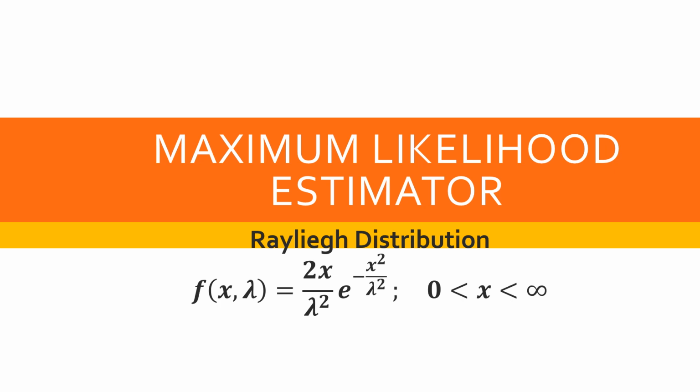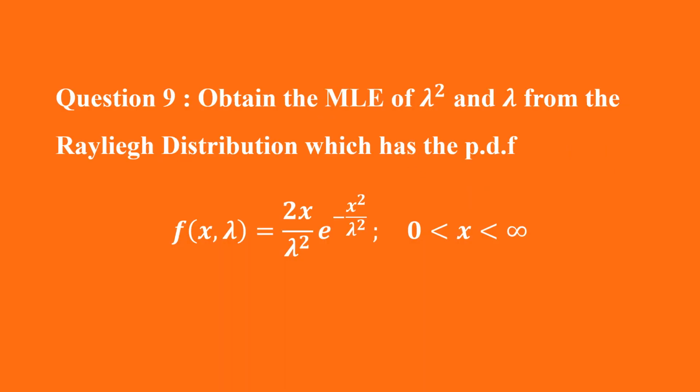Today we are taking up Rayleigh distribution with PDF f(x; lambda) = 2x over lambda square e power minus x square over lambda square, and today we are going to find the maximum likelihood estimator for the parameter lambda and lambda square of Rayleigh distribution. So let us start our mathematical procedure.